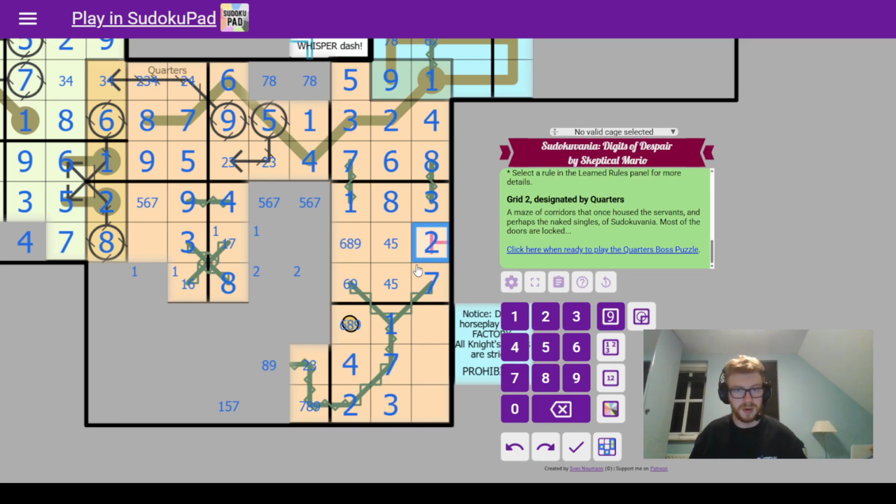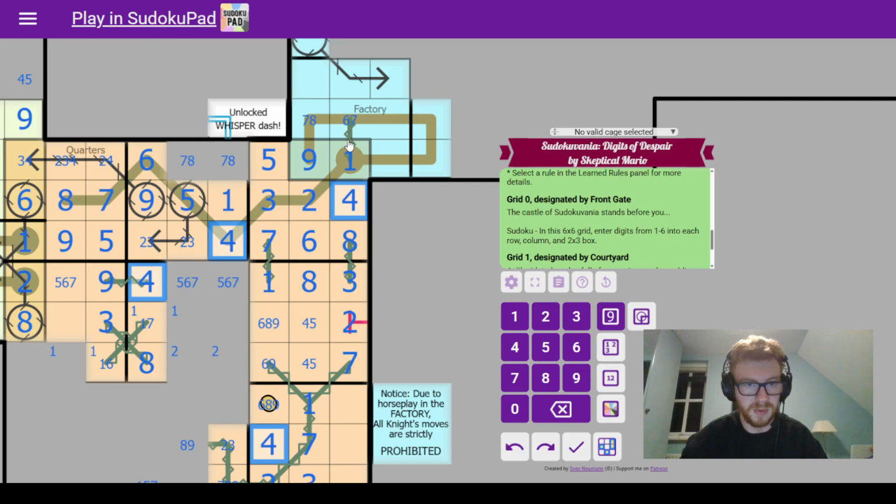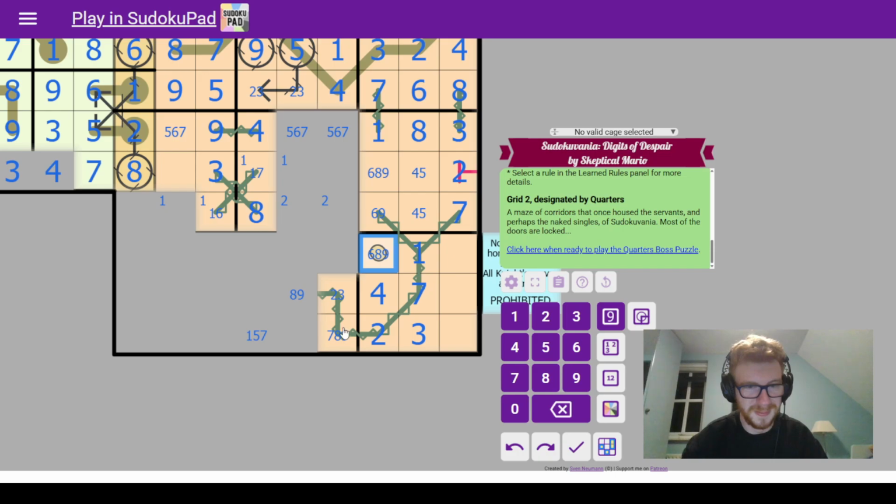And I think for now I'm just going to wait a bit with this puzzle and maybe come back to it later. No, I'm going to keep going just a bit more and then move on to the factory. I'm just very interested to look at the knight's move.